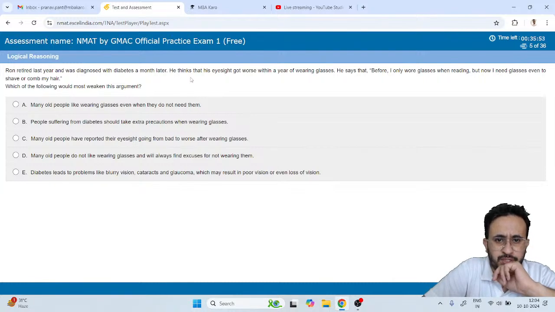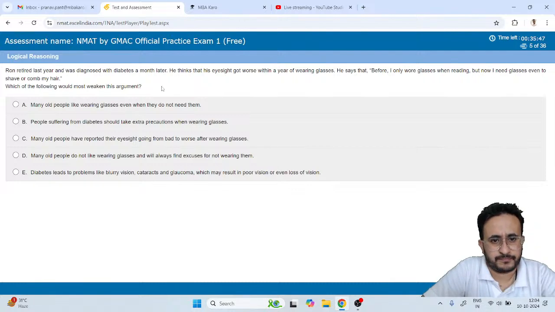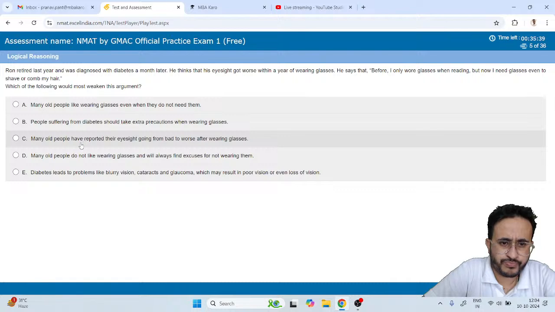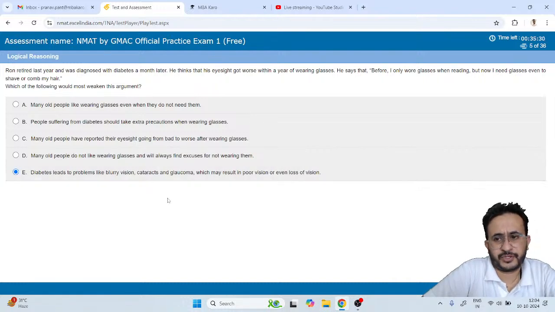So we need to weaken. Weakening would mean that there is some other reason for the worsening eyesight. The other reason could be diabetes, because that is the information which is given to us.